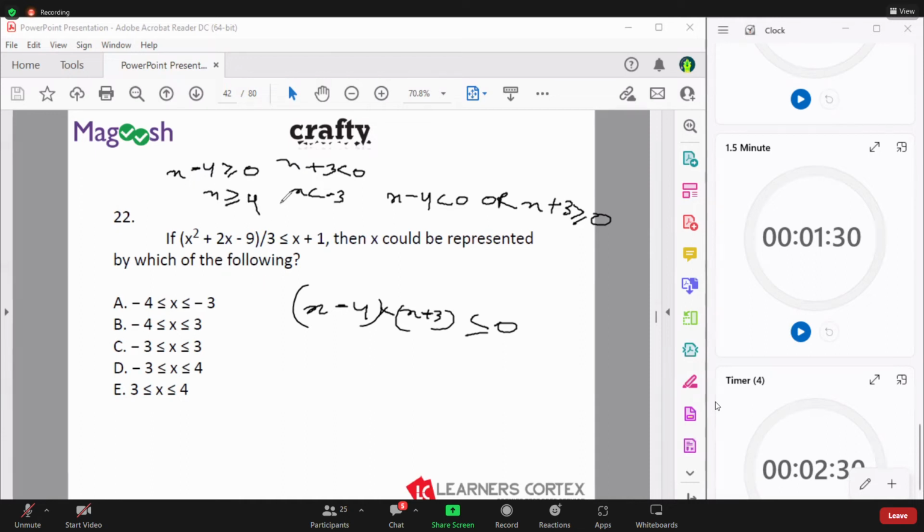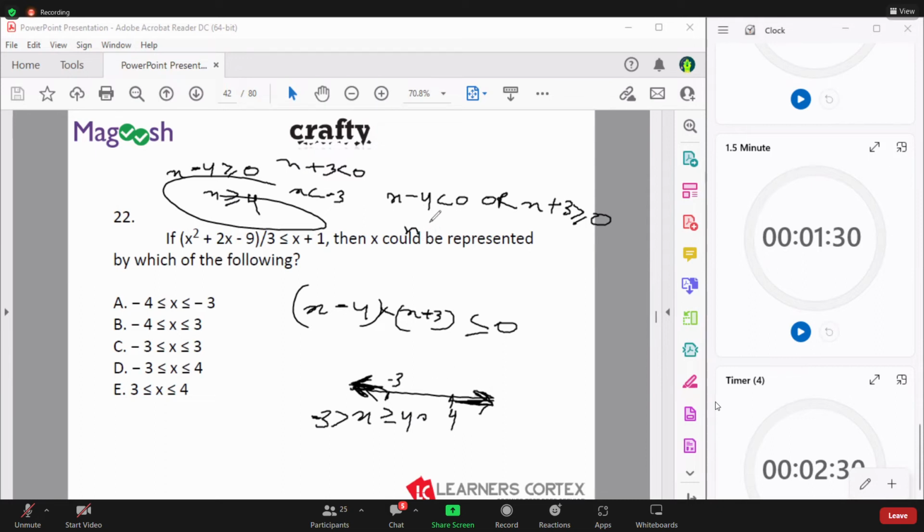So the thing is, this would be an open graph. So x is less than minus 3 and x is greater than 4. From minus 3 this part would be covered, and from 4 this part would be covered.